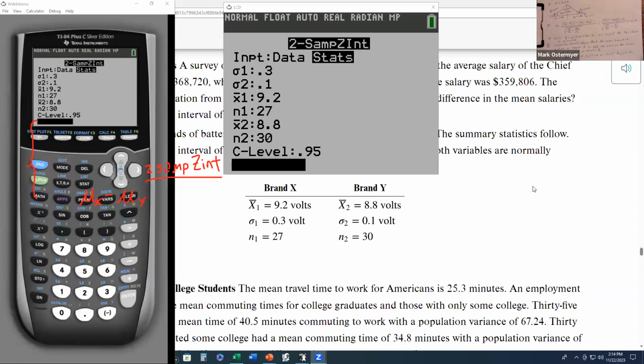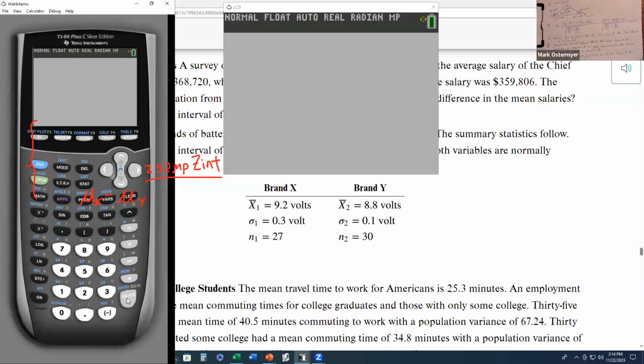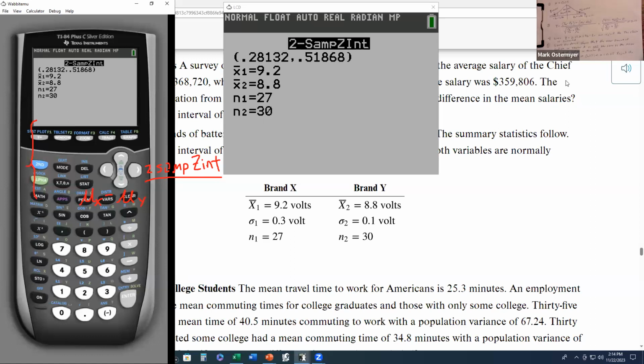You enter in the mean voltages for the various batteries and the sample sizes for each of those. Notice the sample sizes are not the same. Select your level of confidence, which is 95%, and away we go. So let's hit enter. And that would be your 95% confidence interval for the difference between the mean voltages of brand X batteries versus brand Y batteries.